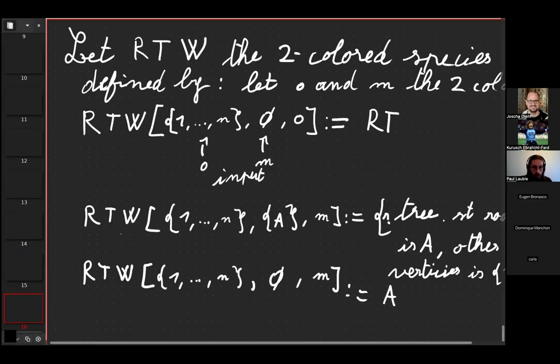So this is the two color species, where the O input is anything, the M input is exactly one object, and the actual species is given by the trees such that the M input is the root. And here, those are the ones with output being M. So it means that in the root, I will be able to put either a rooted tree such that the root is labeled by an M input, or an aroma.